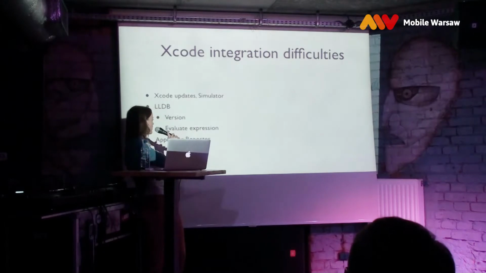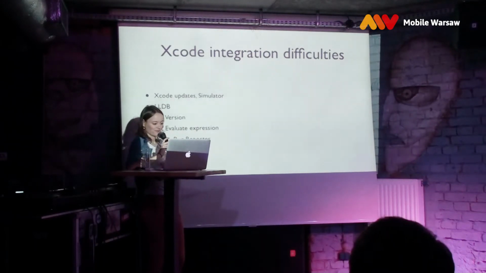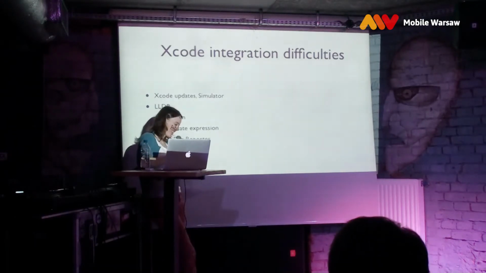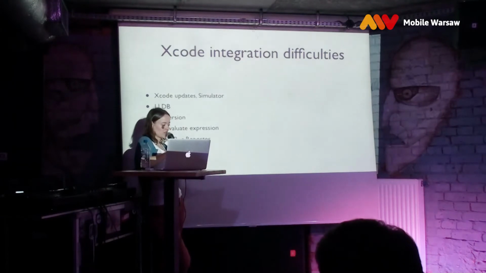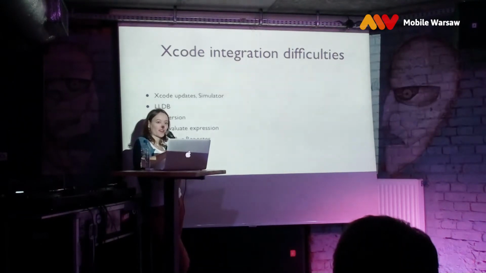And the last problem, but not the least, is feedback from Apple. Feedback that we give to it and the reaction, because we use the same tracker as everyone else. We don't have any privileges, we don't have any special conditions or anything like that.